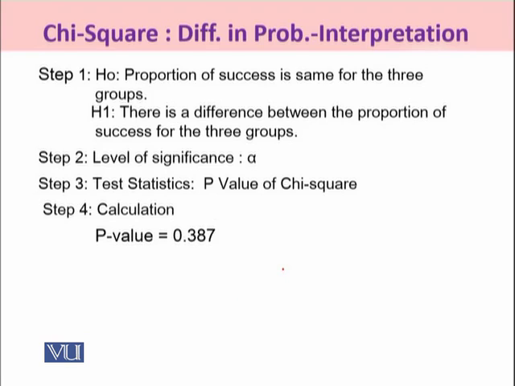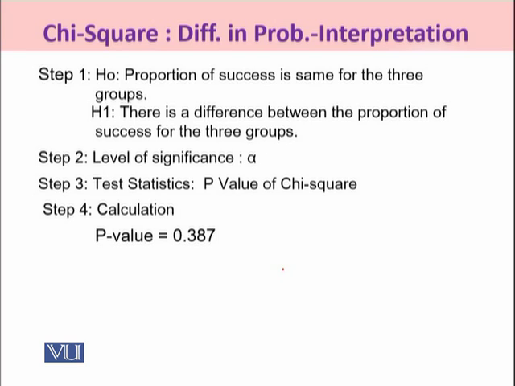Here H0 represents the null hypothesis, stated as: the proportion of success is the same for the three groups. The alternative statement is that the proportions of success are different for the three groups.